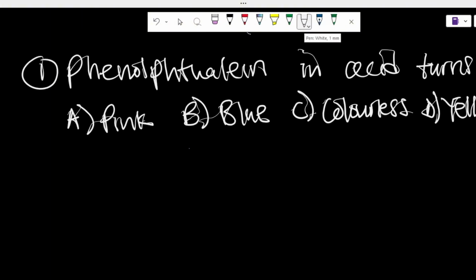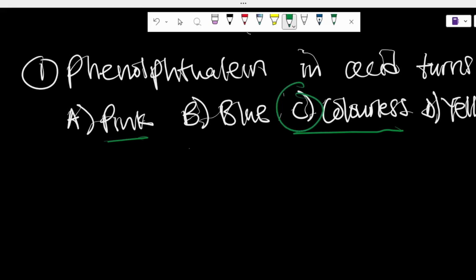Here's a question for you. Phenolphthalein in acid turns: A, pink; B, blue; C, colorless; and D, yellow. What would you say? Well, all you have to do is recall that if it is an acid, then this phenolphthalein is going to change into colorless. But if it is a base, then pink would be the answer.